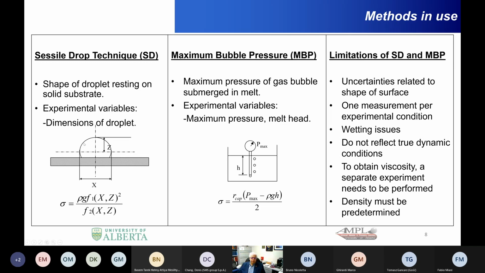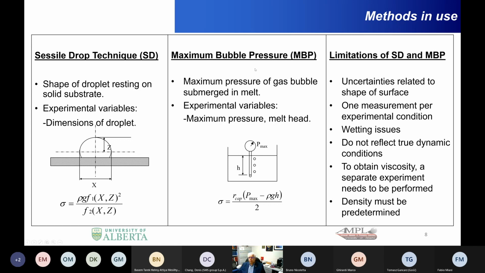Here we put a droplet onto a substrate and essentially over time measure the curvature, take pictures and then model the curvature of this droplet as a function of time, and then basically try to calculate the surface tension from that function. But you notice that density is one of the parameters.